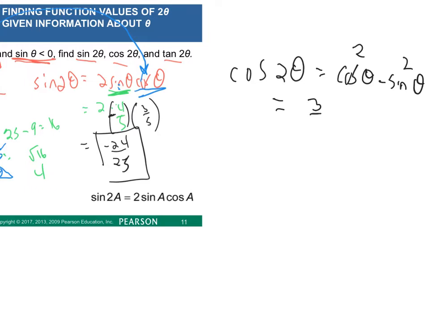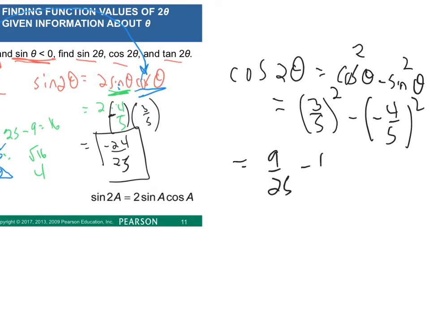That was 3/5 squared minus negative 4/5 squared. It is negative, but it's not going to matter because I'm squaring it. 9/25 minus 16/25, and that's a negative 7/25 if I didn't make any mistakes.